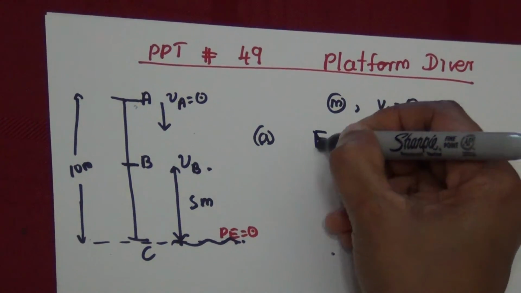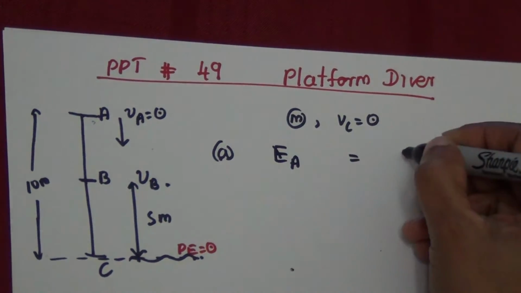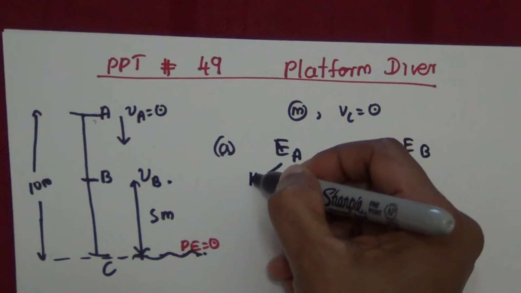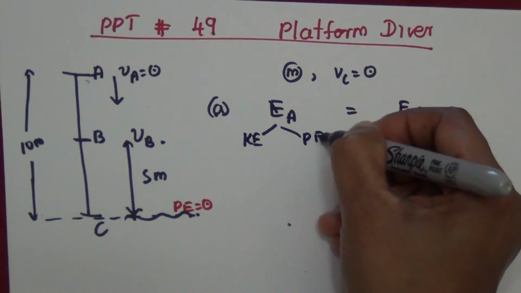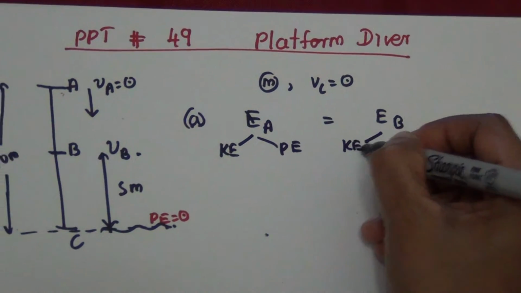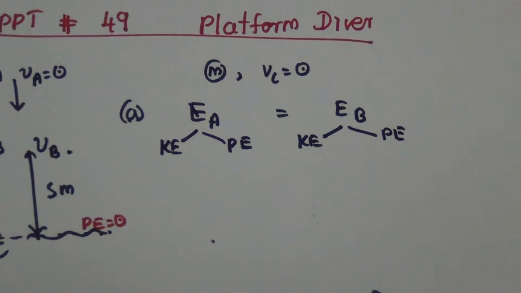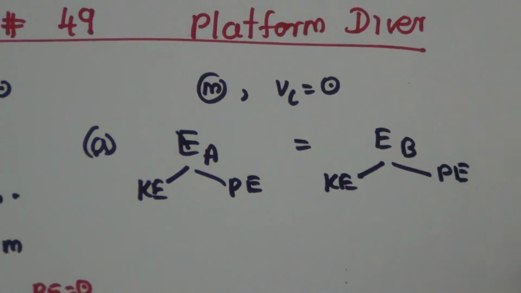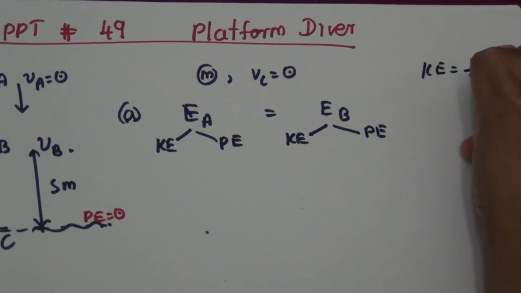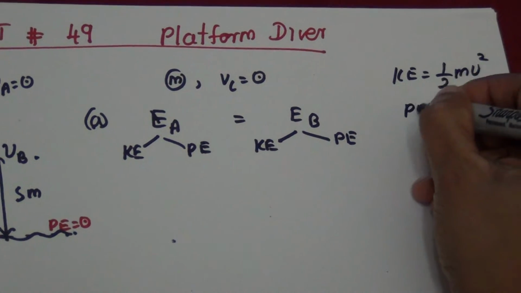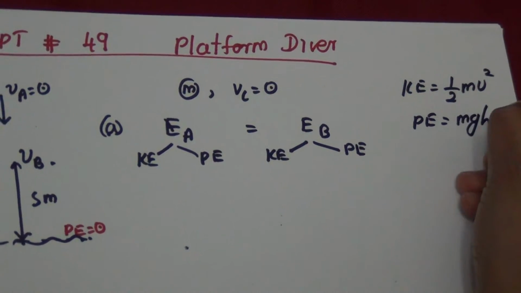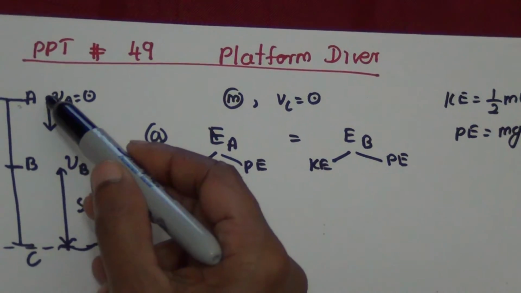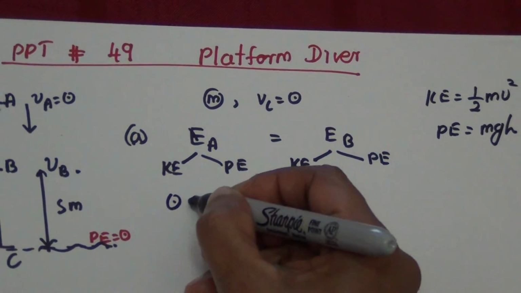So I can write total energy at A is equal to total energy at B. So I have kinetic plus potential at A, kinetic plus potential at B. Now let's write. When you come to A, the kinetic energy is 1/2 mv squared, potential energy mgh. Here V is 0, so the kinetic energy is 0.